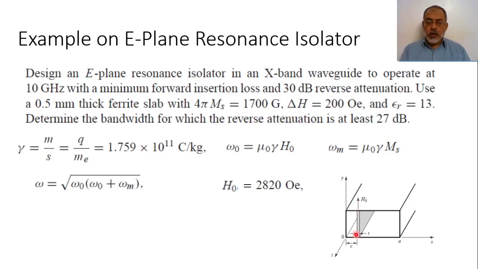Now, we have the value of omega naught because H naught has been known now. We have omega naught and we have omega m.